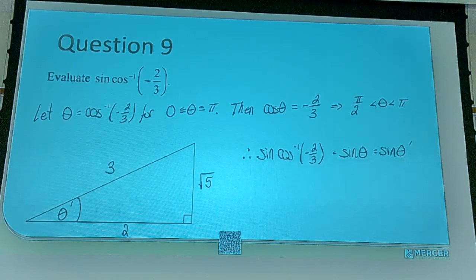That means sine of theta is just sine of theta prime, because it's positive. This simplifies to root 5 over 3.